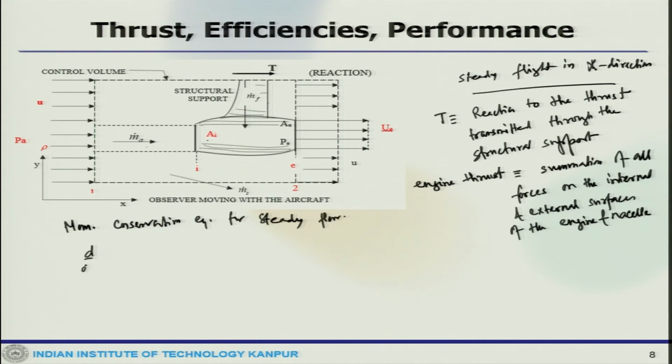So, this is our control volume plus control surface ρ u (u·n) dA equals summation of F. So, this goes to 0 because of the steady assumption.